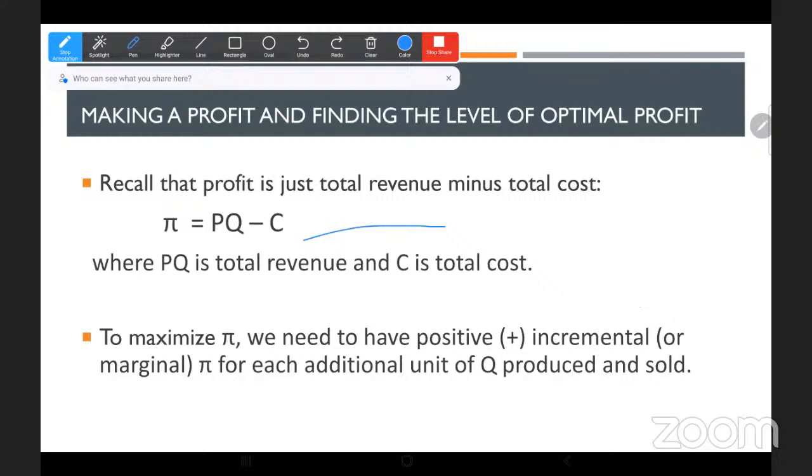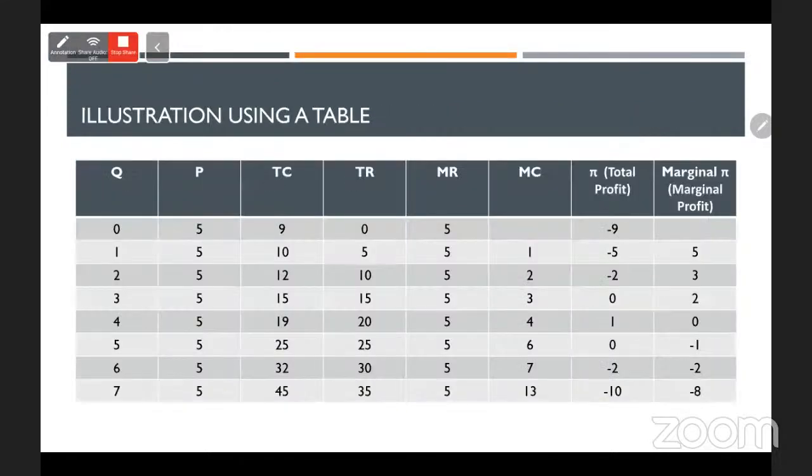Okay. So this is an illustration, a table to illustrate what we're talking about now. Hopefully this will help you understand what's going on. What can you tell from the table alone? What information can you use to have a clue as to what type of firm this is?